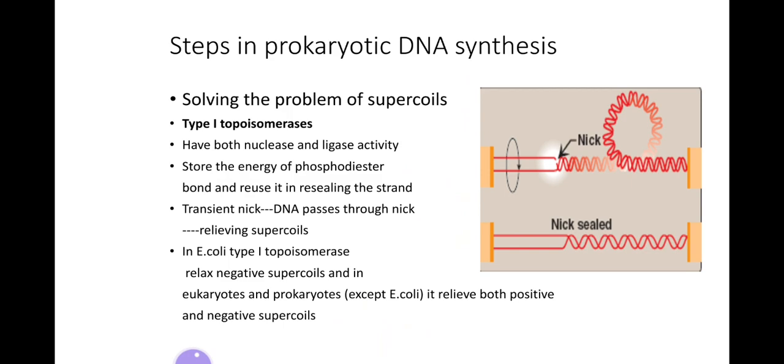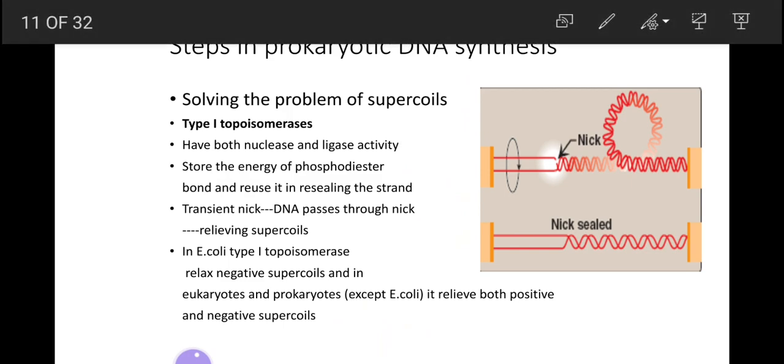As you are seeing in the diagram, in one of the two strands a nick is produced by type 1 topoisomerase, and then the second strand passes through this nick, and the supercoils are then relieved.